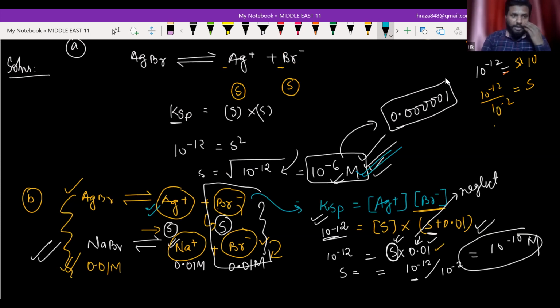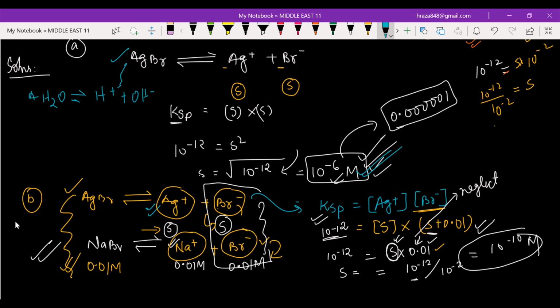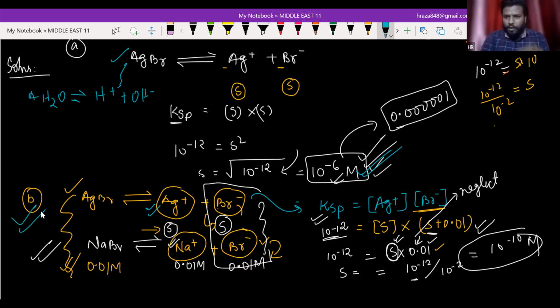You can see basically AgBr, and water has ions which are not common with this. It doesn't have any common ion, does it? It does not. Now, B part, we dissolved AgBr in NaBr, which has a common ion. Okay, so due to common ion, the concentration of Br- increases on the right hand side.